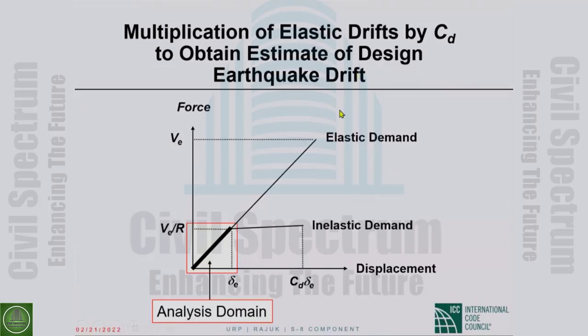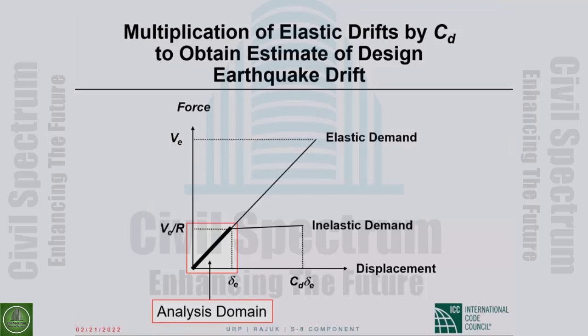If the response were elastic, the total force developed in the structure would be capital V sub E, and the total displacement, not shown here, we called lowercase delta sub capital E on an earlier occasion. Anyway, today the important thing is that we are designing for V sub E divided by R. That's our design base shear.